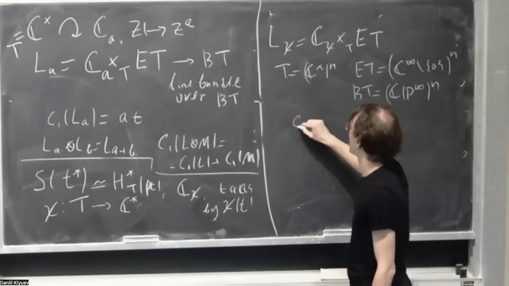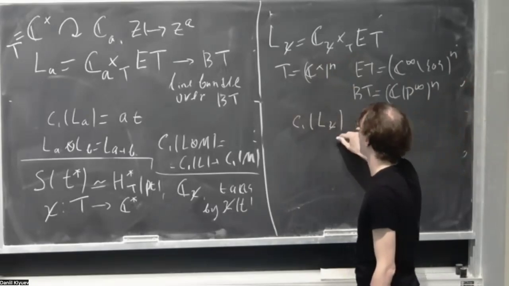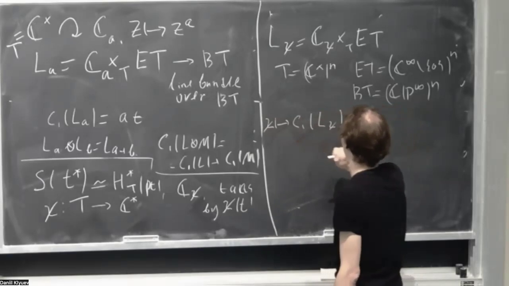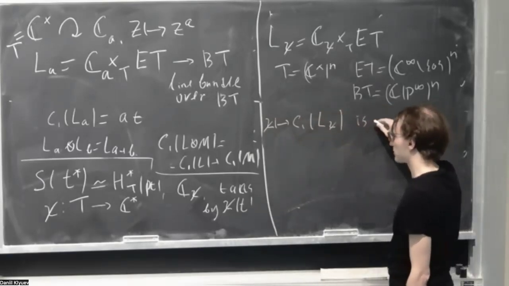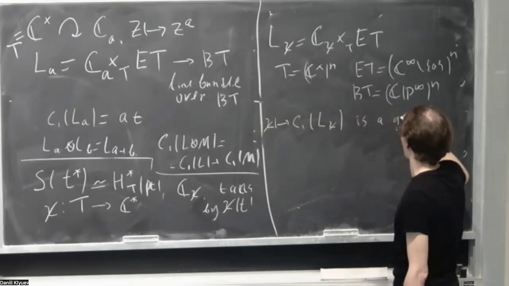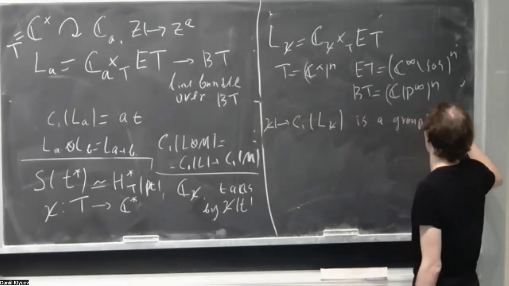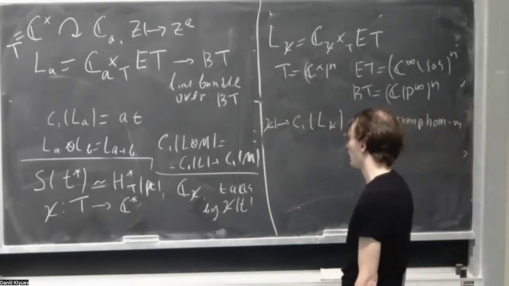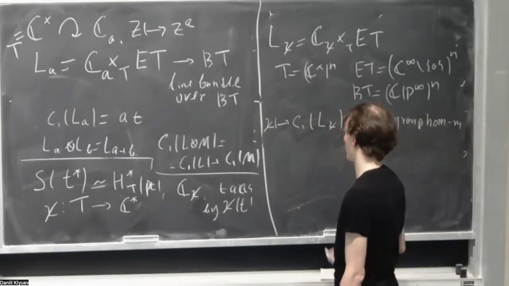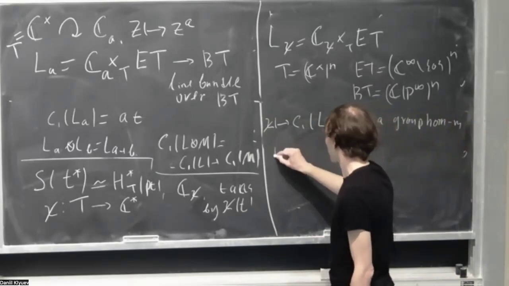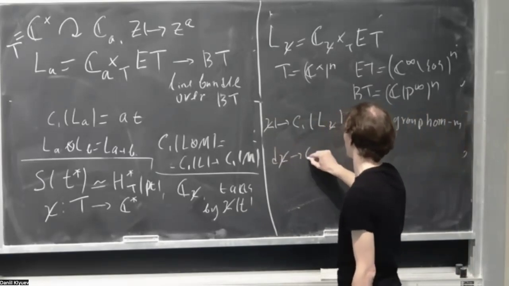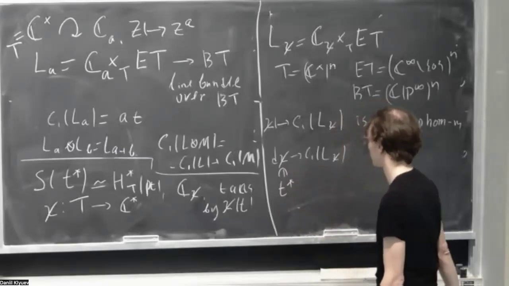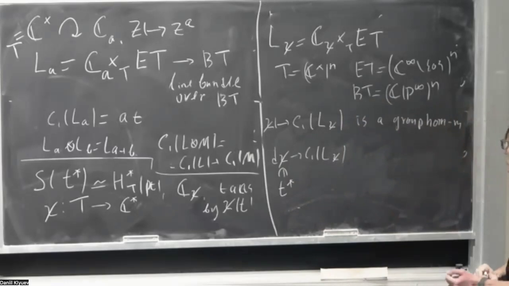So we have this c1(L_chi), and this map chi goes to c1(L_chi) is a group homomorphism. Here is multiplication, and you can also write here d chi goes to c1, which is now an element of T star, differential one.